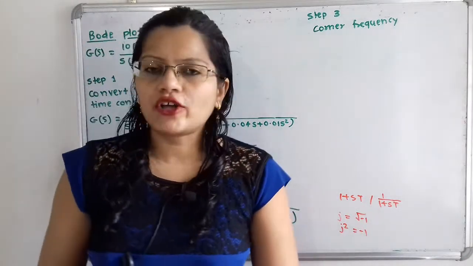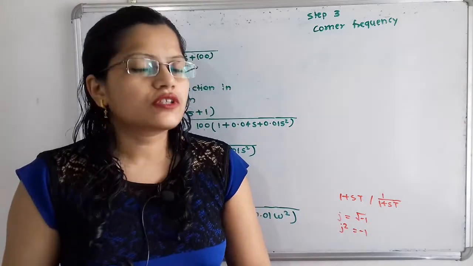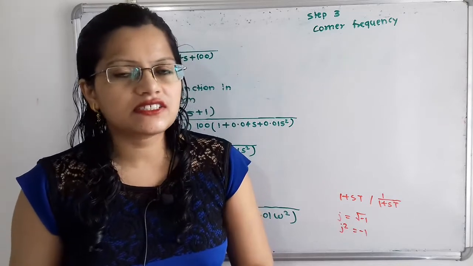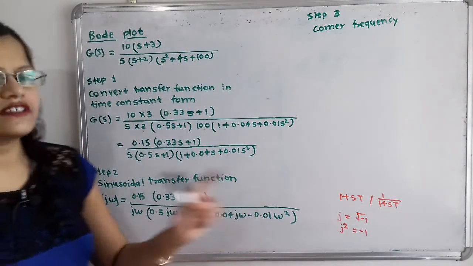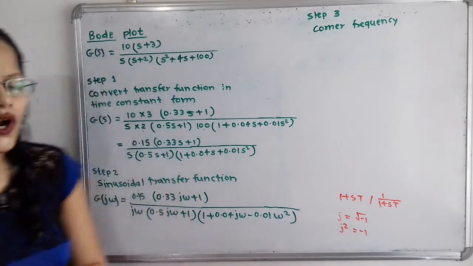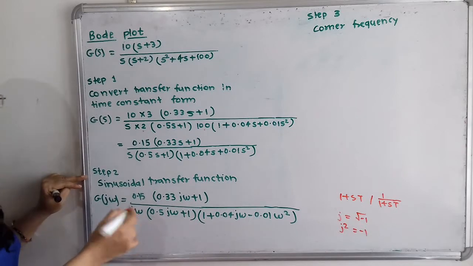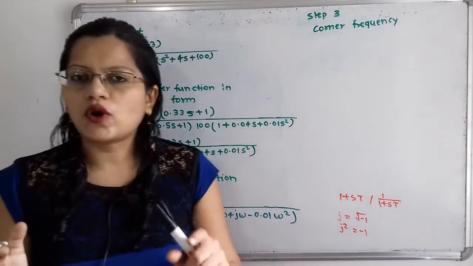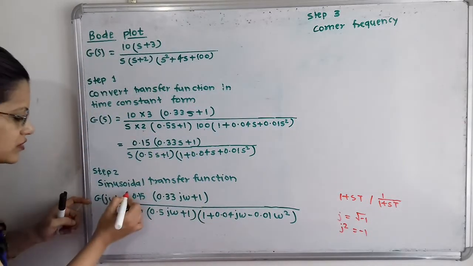Now we will move to the third step, that is the corner frequency. The corner frequency is written for each and every term from this sinusoidal transfer function. So what is the number of terms? Here 0.15 by j omega. A term means one which contains the j omega factor. So this is the first term.